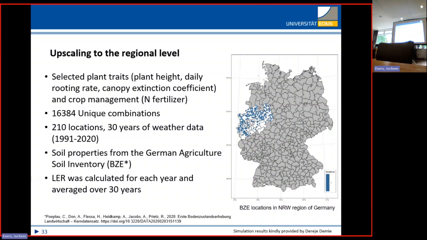And we ran the model we have calibrated, but then also we changed the traits. So we changed a bit the height, of course, so plausible heights. And we changed the daily rooting rate or root elongation. We changed the canopy extinction coefficient, and then also we played with the management, so the amount of N fertilizer. So this in the end led to 16,000 combinations of model runs.